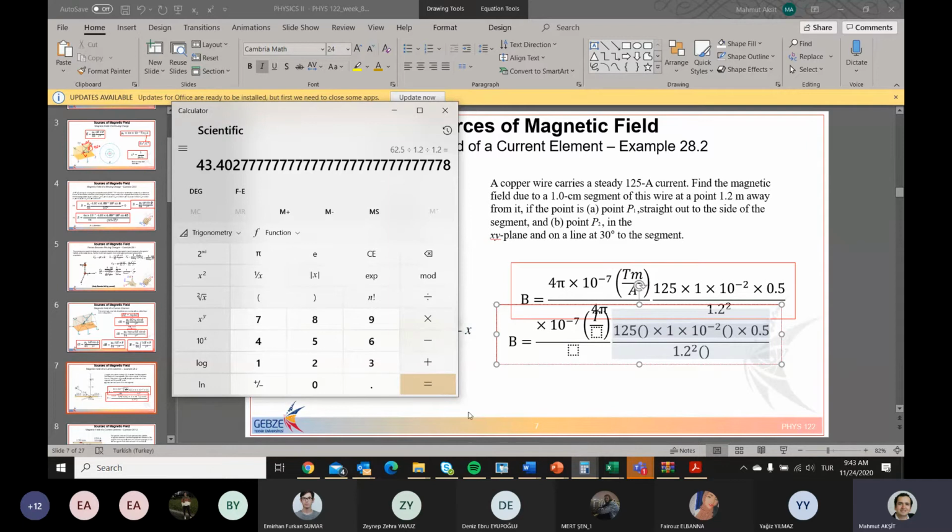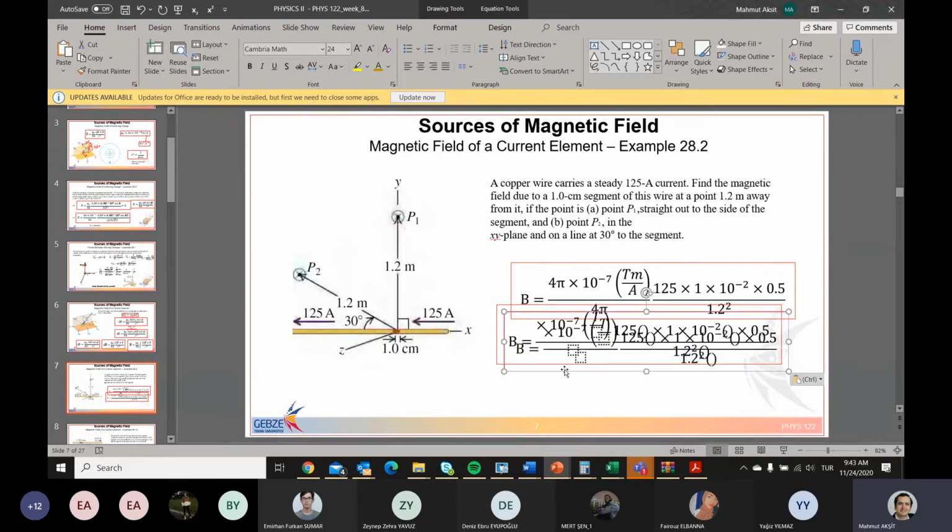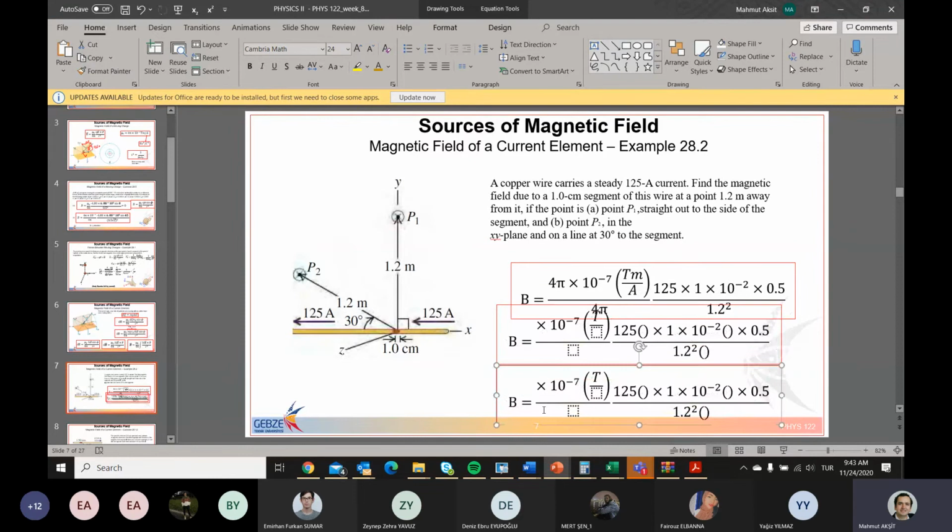It's about 43.4 times 10 to the minus 9 Tesla. Okay, that's how you do it.